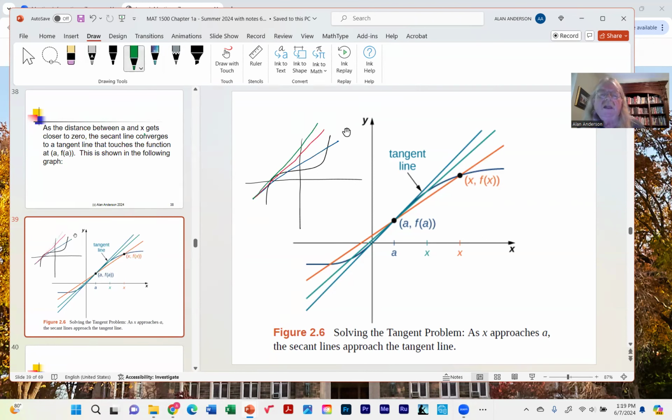Anyway, this green line then, at that point, the green line is no longer a secant. It is now a tangent because it touches the curve on one point only.